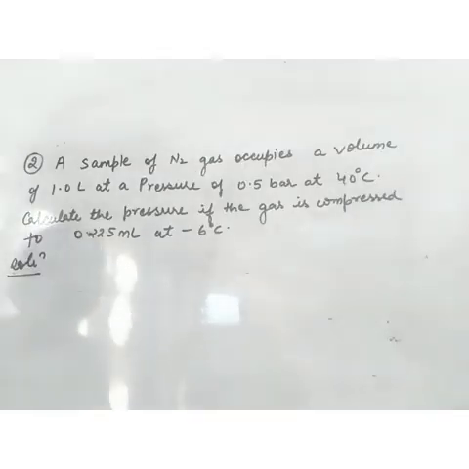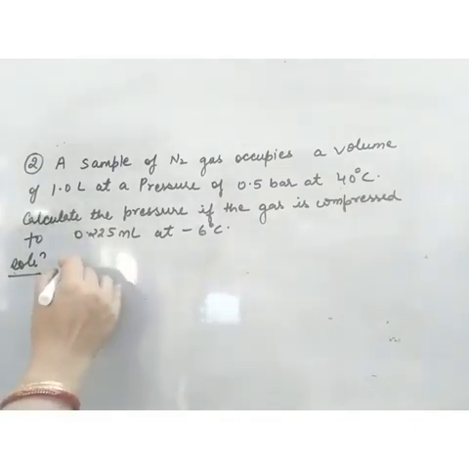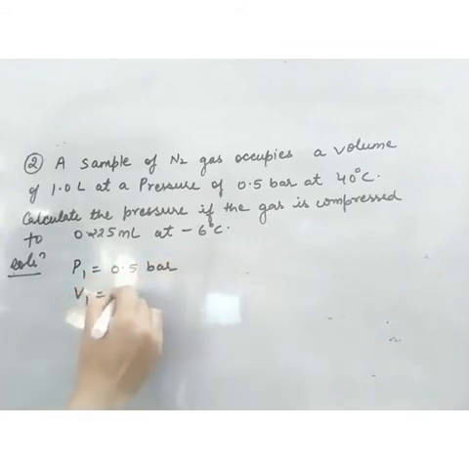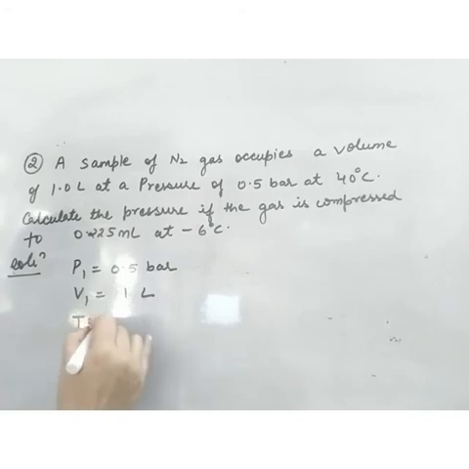Now let's solve the next question. A sample of nitrogen gas occupies a volume of 1 liter at a pressure of 0.5 bar at 40 degrees Celsius. We have to calculate the pressure if the gas is compressed to 0.225 ml at minus 6 degrees Celsius. So first we'll write whatever is given to us. So P1 is given 0.5 bar, V1 is given 1 liter, temperature is 40 degrees Celsius, so we'll add 273, so it will be converted to Kelvin.